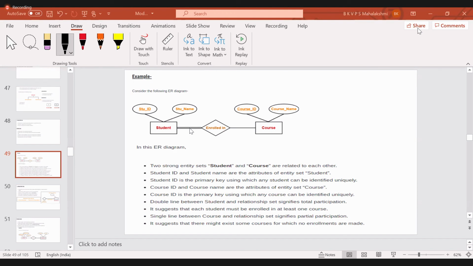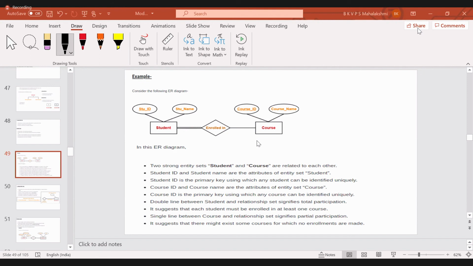So that is what it is: it gives us the information that is total participation. All the students will enroll in the courses. So that is a strong relationship, which is why we kept double lines here.